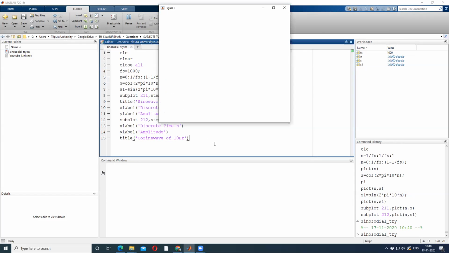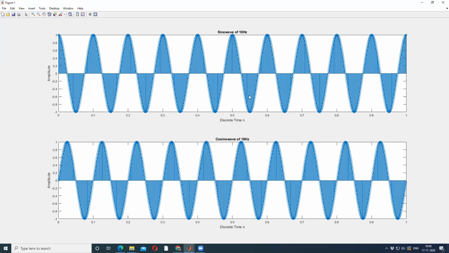So the screen has come, and you see this is the discrete time plot. The time is sampled at 1 by 1000. So for one wave you have the range 1000 by 10, so it will be 100 samples.